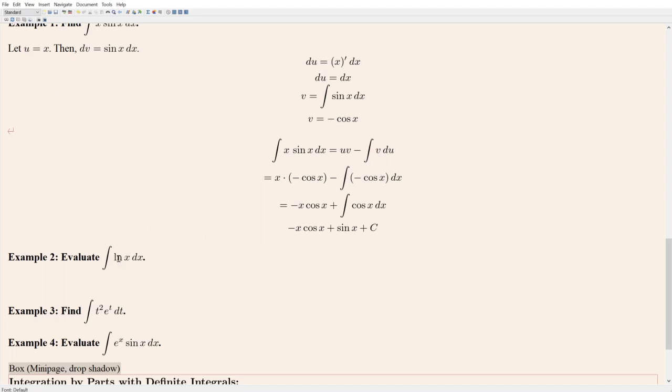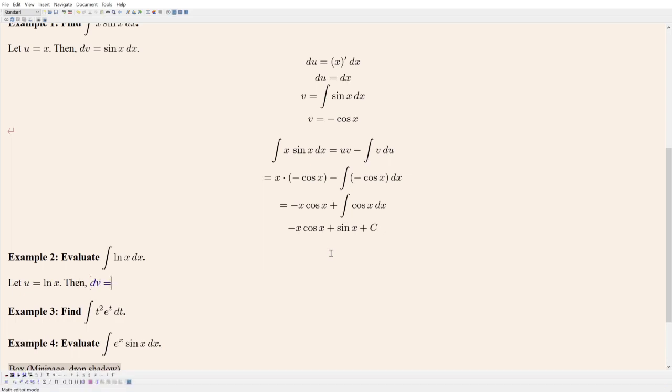We only have a single function in there, so we have to let u be the natural log of x. So if u is the natural log of x, then dv has to be everything else. Well, everything else in this case is just dx.